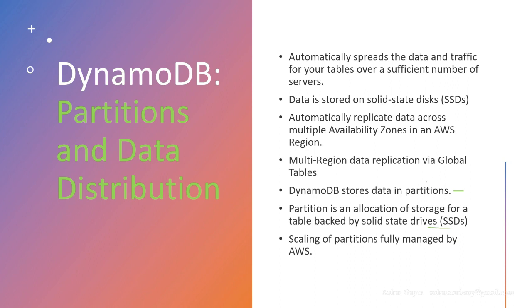You can think of partitions as virtual units of allocated space on an SSD drive. DynamoDB spreads the data and traffic for your tables over a sufficient number of servers. Of course, each server will have multiple different partitions. The data is replicated across multiple availability zones in an AWS region, and you can also have multi-region data replication via global tables.